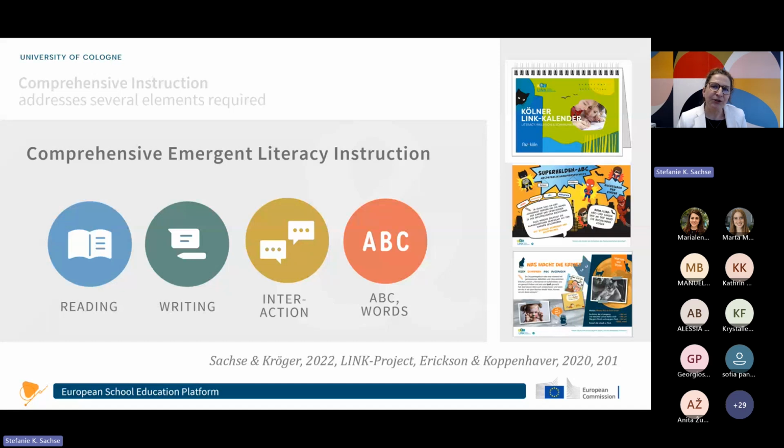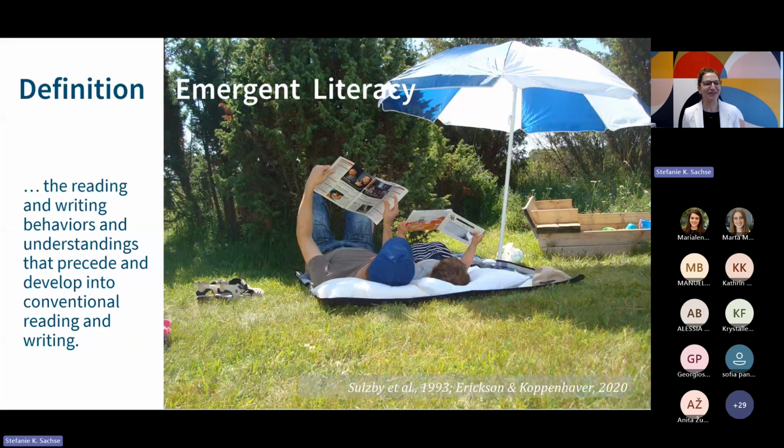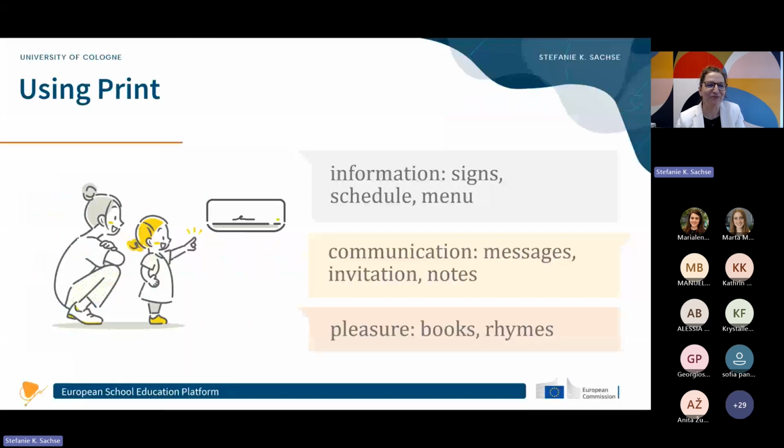If the term emergent literacy is not so familiar to you, here is a definition. It is the reading and writing behaviors and those understandings, those insights that precede conventional literacy and that develop into conventional reading and writing. So it's all of those moments. I already mentioned some.